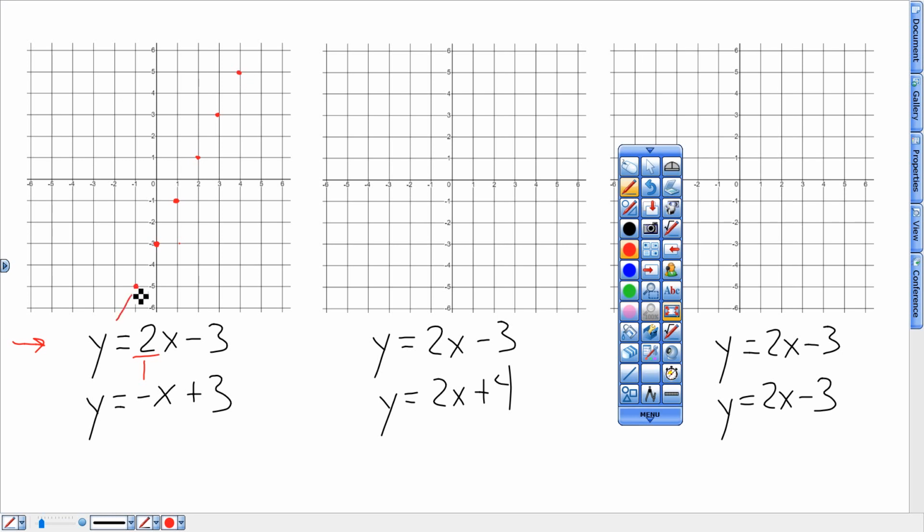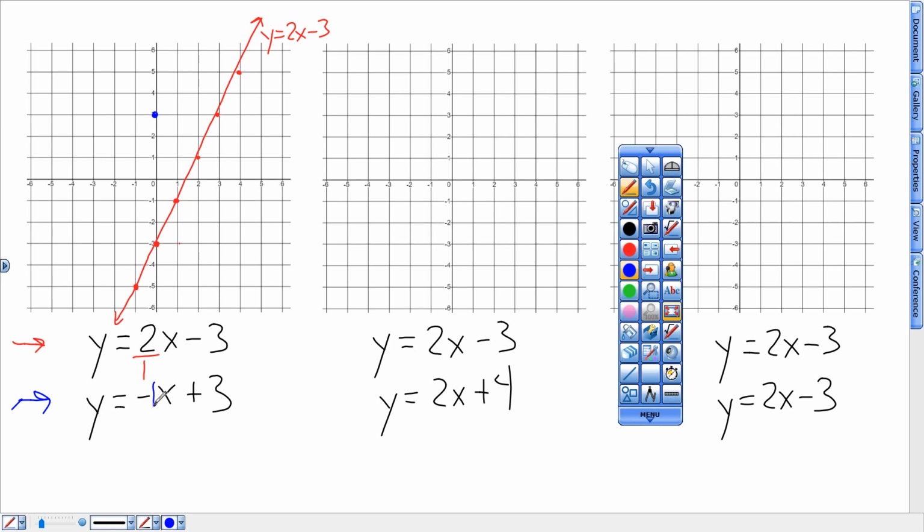Draw that line. Get in the habit of drawing it long with lines and arrows and then writing that equation next to it. All right, next one I'll do in blue. For this one, I'm starting at +3 up here. This one has no number in front of that x, that's -1.